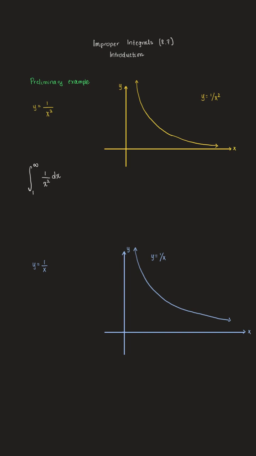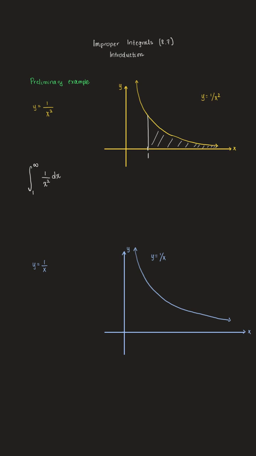So what we're trying to figure out is, can we capture the area underneath this function, between the function and the x-axis, as x gets arbitrarily large, from 1 to infinitely large numbers? We can't just integrate and plug in infinity.